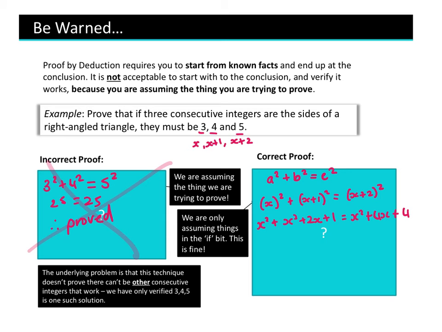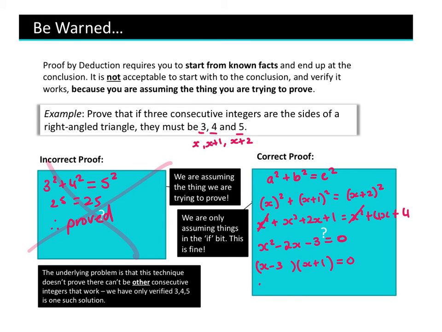If I move everything to the left-hand side, I'm going to have x squared minus 2x minus 3 equals 0. If I factorise this, I'm going to get x minus 3 and x plus 1 equals 0.